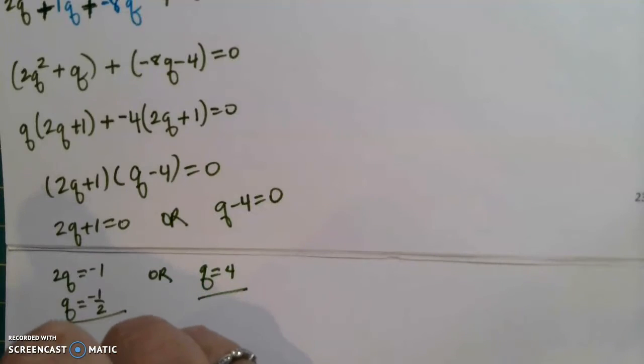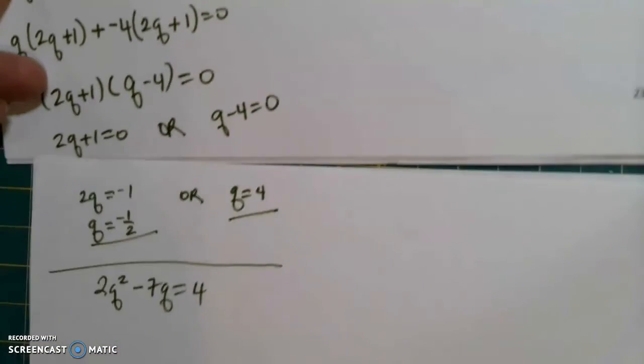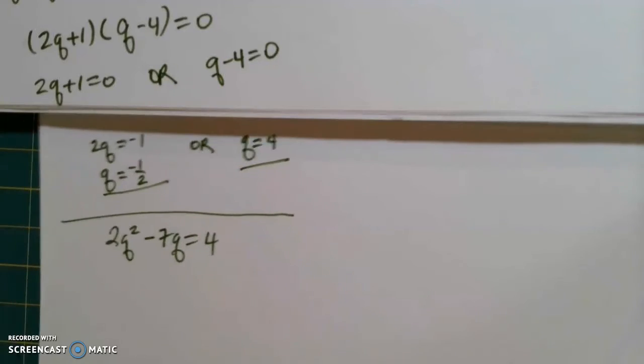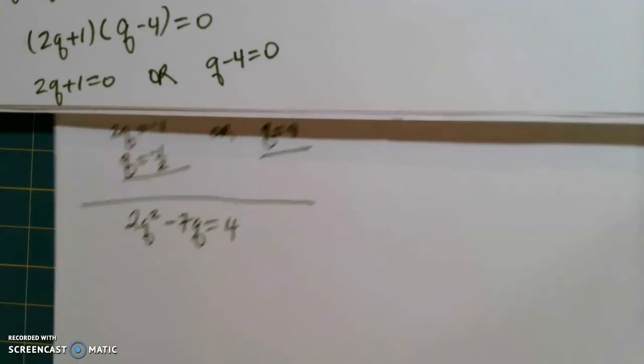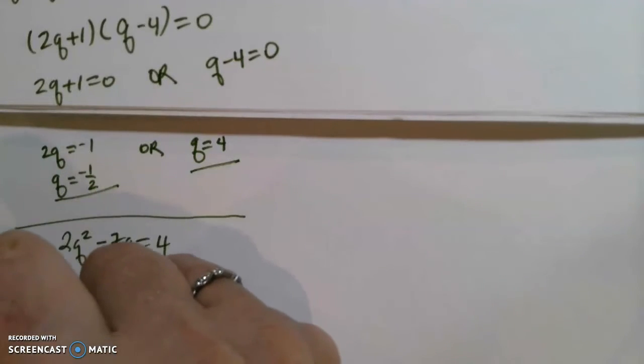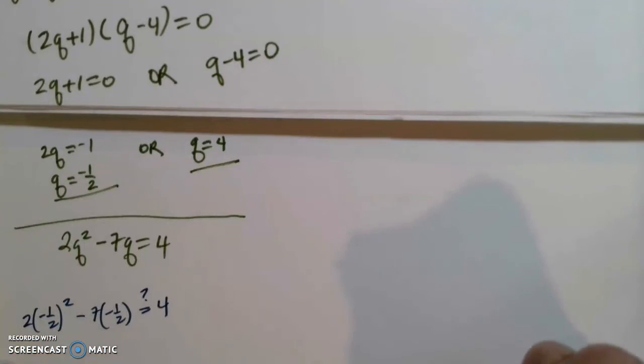Going back to the original equation. So remember that that actually was not equal to 0 at the beginning. And then we'll do a quick substitution for each of those. So putting in -1/2 for q and seeing if we will get that equal to 4.